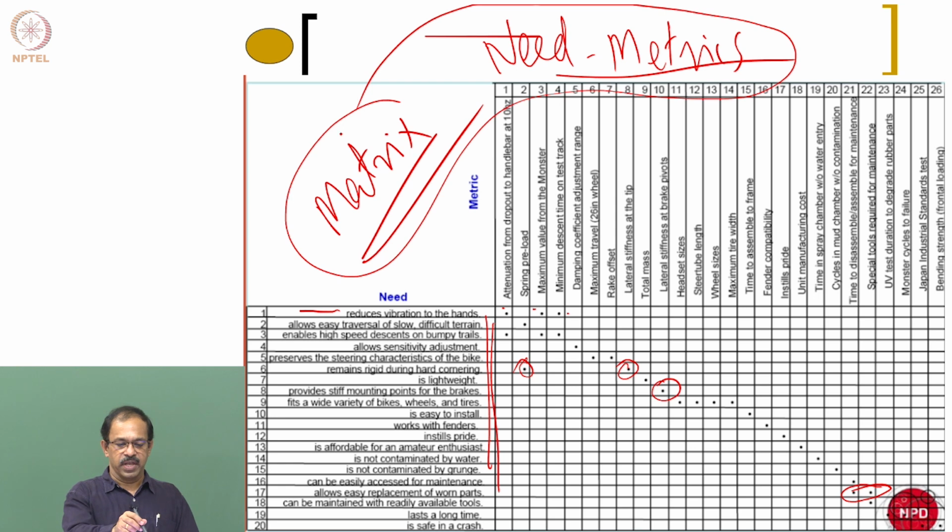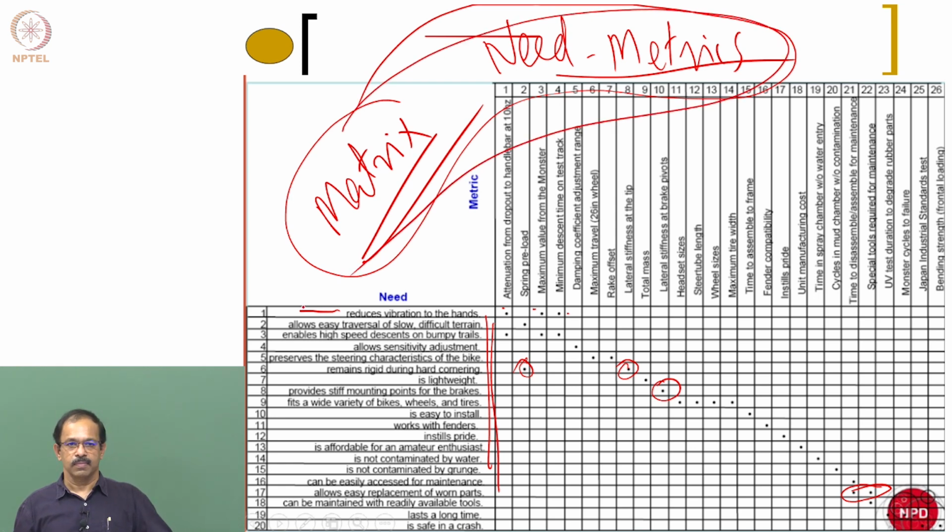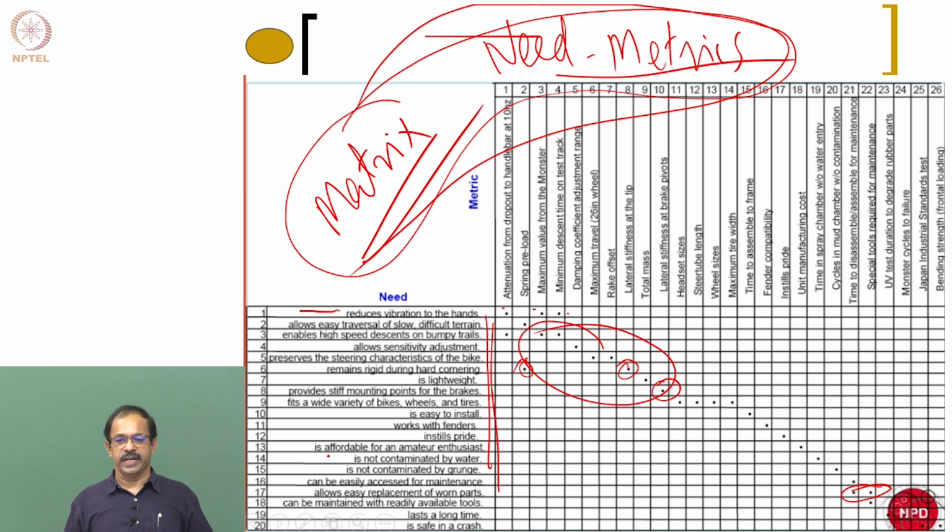That is known as the need matrix. Once you have these metrics, the next thing is to get the value. Since we know the metric and we know the unit, we need to say some value for that. How do we get the value?